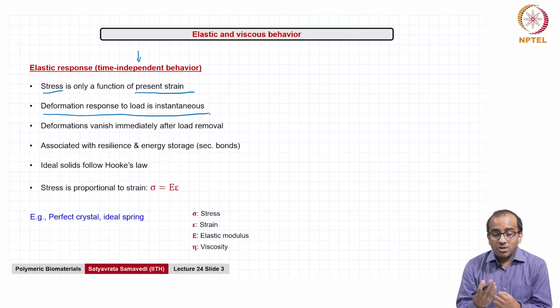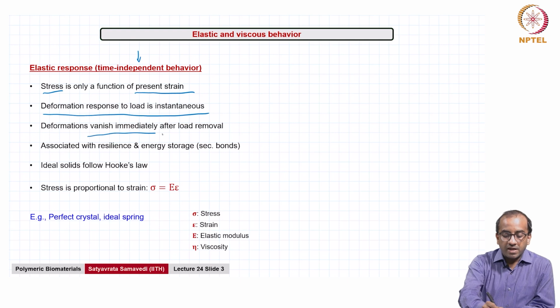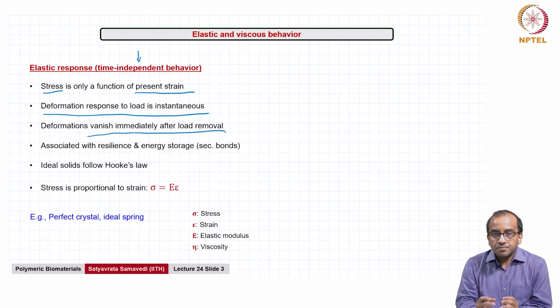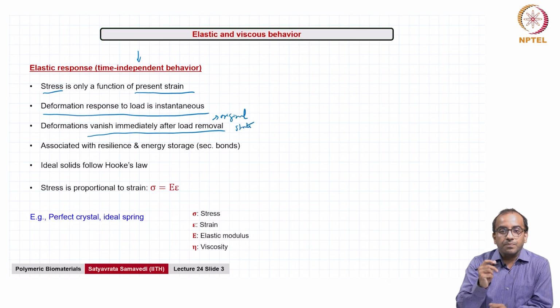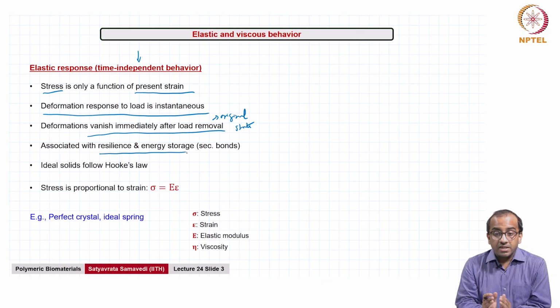And if you can recall, the property of elasticity has to do with the ability of a material to store energy, so these deformations are going to immediately vanish after the load is removed. Once the load is removed, the deformations vanish almost instantly and the material goes back to its original state or shape. And like we have just said, this is associated with the properties of resilience or energy storage.